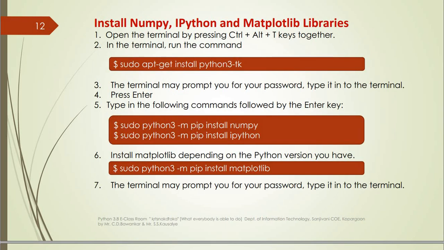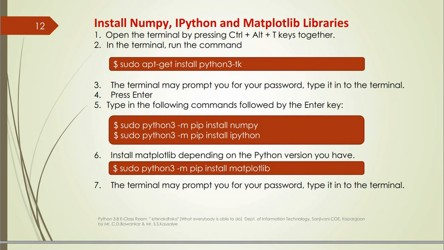Now, my dear student, we have to install the NumPy, IPython and Matplotlib libraries. Again, open the terminal by pressing Ctrl+Alt+T together. In the terminal, run the command sudo apt-get install python3-tk. The terminal may prompt you for your password.